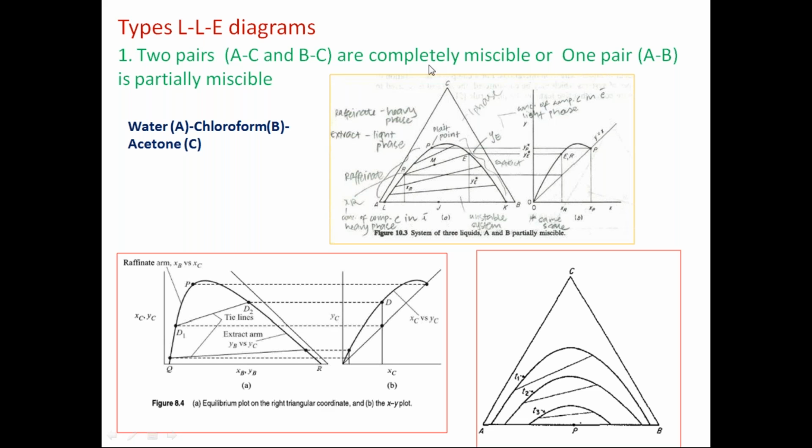But however, at a particular temperature, if you find a binodal curve of this nature at low temperature, and if the temperature increases, the binodal curve area decreases. Why is it decreasing? This is the effect of temperature on solubility.